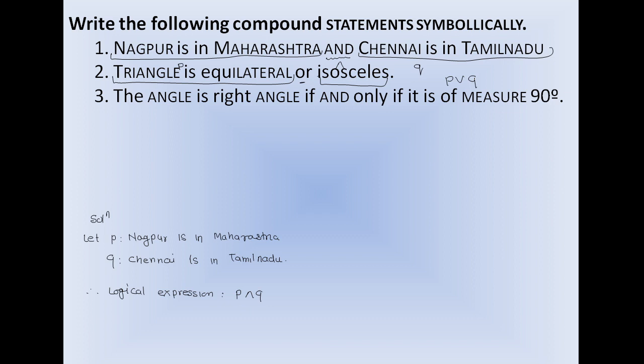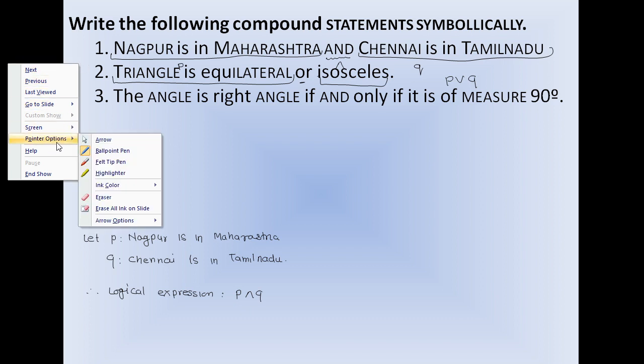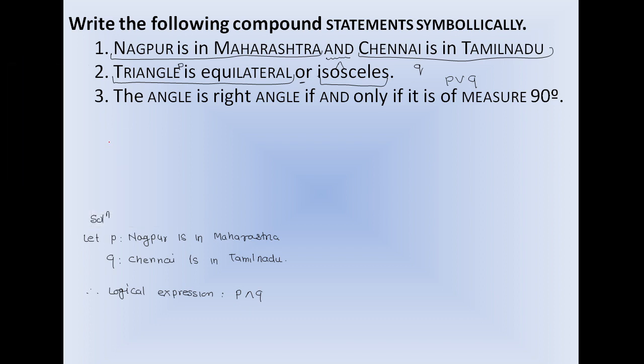Let's go for another one. The angle is a right angle if and only if it is of measure 90 degree. So this we are going to take as P, and this we are going to take as Q. What is P?